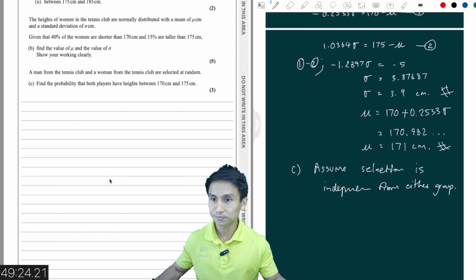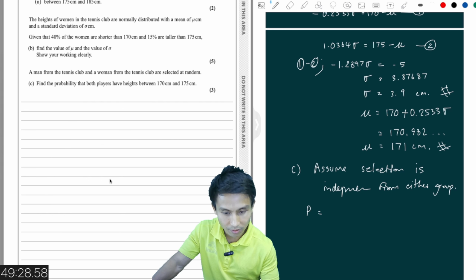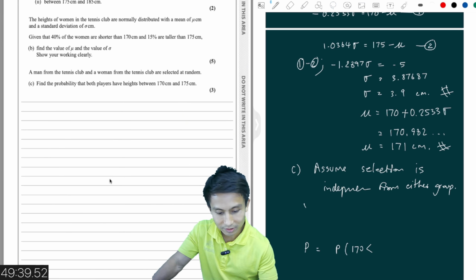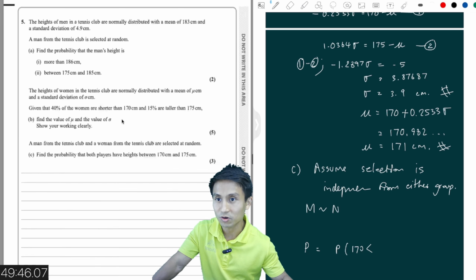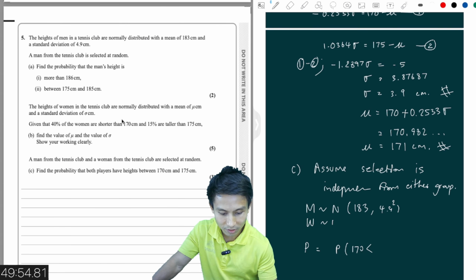So we can do probability equals probability of 170, and let's do this. Let's do men as M, normal distribution. We already have men is 183 and then 4.9 squared, and then women would be normal distribution.